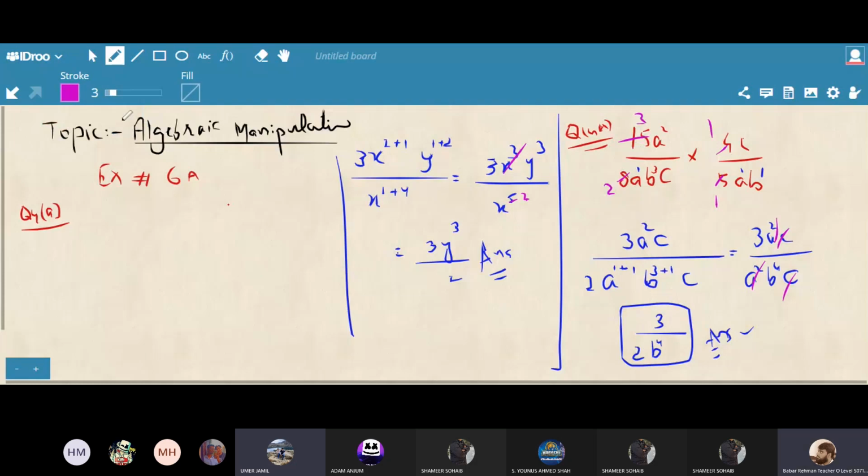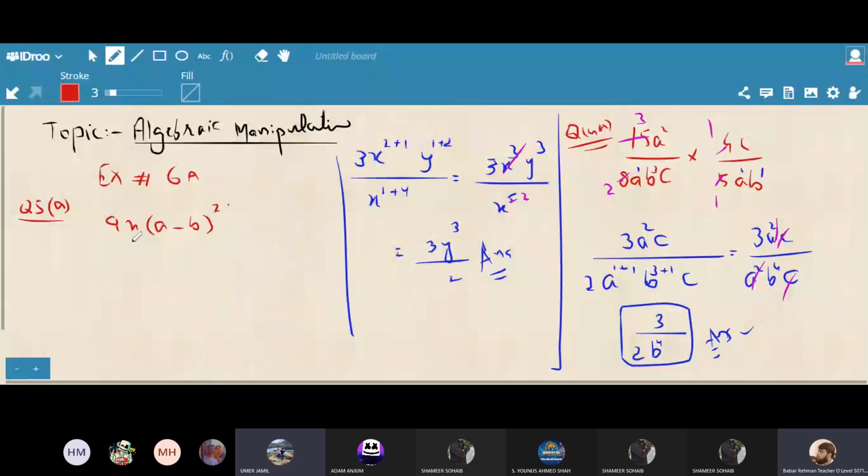Okay, now question number 5A: 9x a minus b whole square.